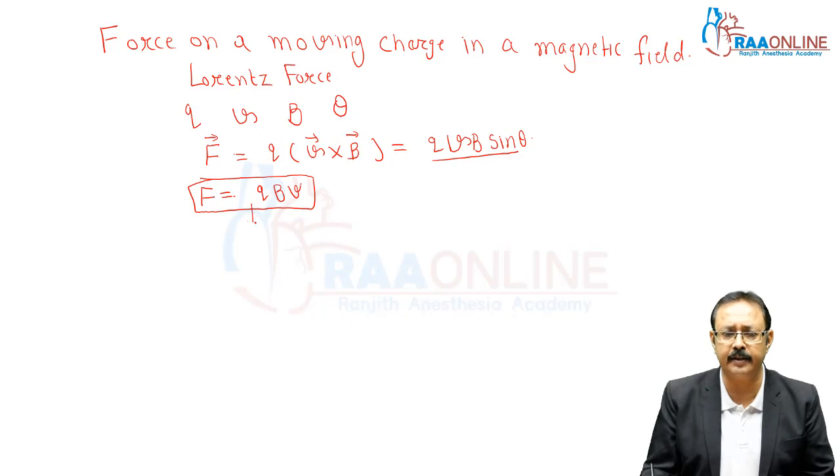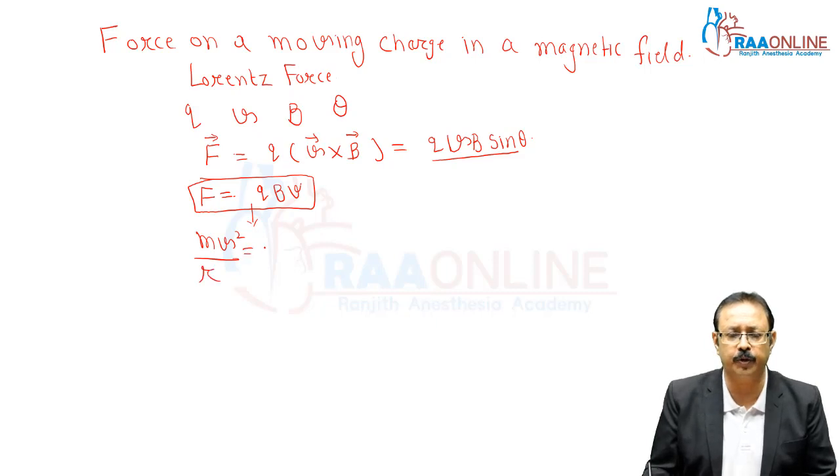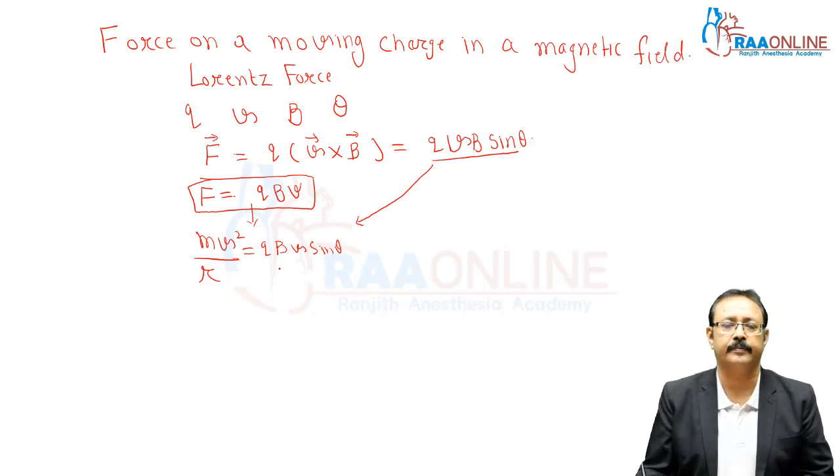In this case, the centripetal force mv square by r is equal to QBV. If it is coming at theta, you have to put sine theta here. So what can we calculate?